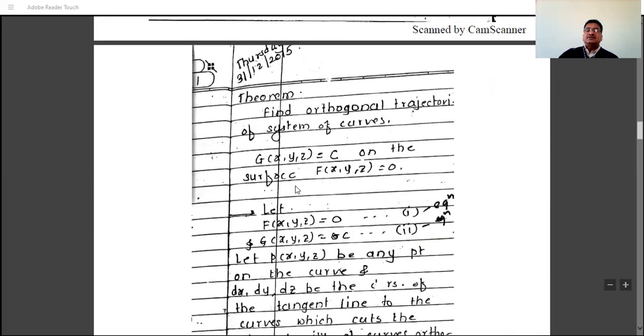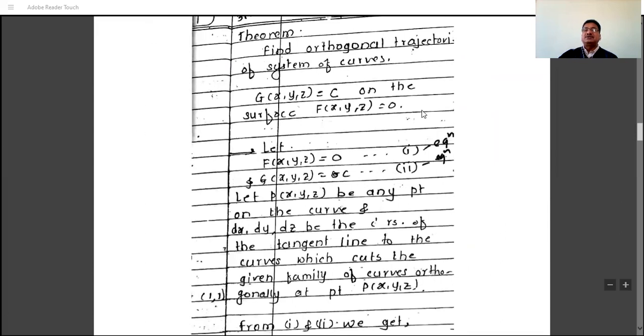Now this is the theorem for three variable functions, that is g(x,y,z) equals c is the equation of a curve and f(x,y,z) equals 0 is the equation of a surface. So denote f(x,y,z) equals 0 as equation number 1 and g(x,y,z) equals c as number 2.